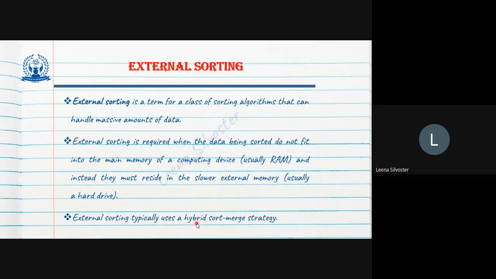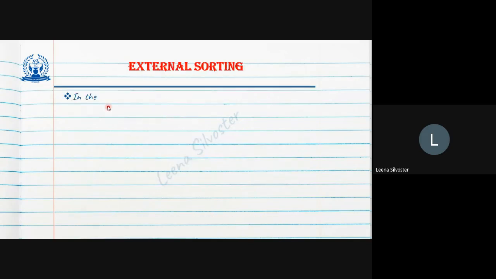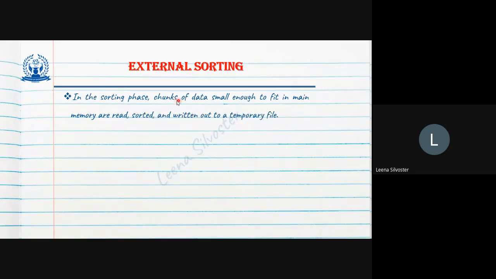External sorting typically uses a hybrid sort-merge strategy. In the sorting phase, chunks of data small enough to fit in main memory are read, sorted, and written out to a temporary file. We had already seen one example. Suppose we have 10,000 numbers.